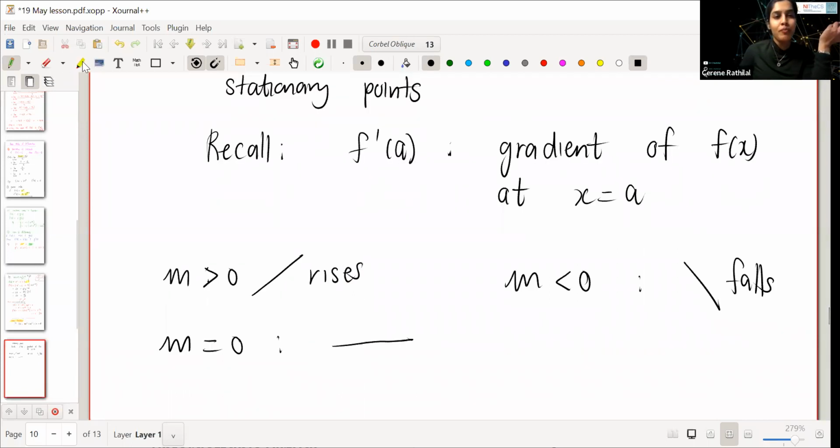So what stationary points do, I just wanted to highlight stationary points because that's what we're discussing. What the stationary point does is it analyzes at what point will f of x have a sort of horizontal shape. When does it become flat? Meaning, at what x value is f prime equal to 0? That's what a stationary point is.